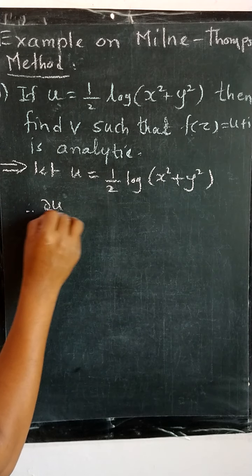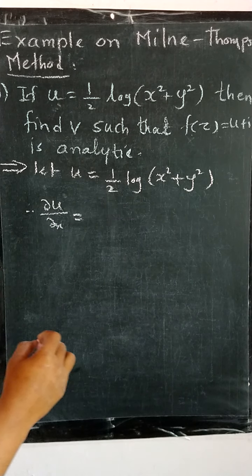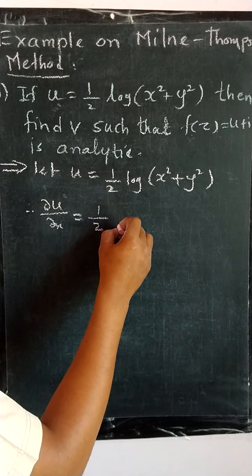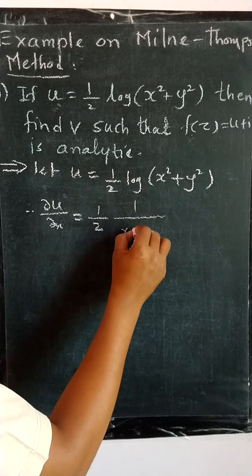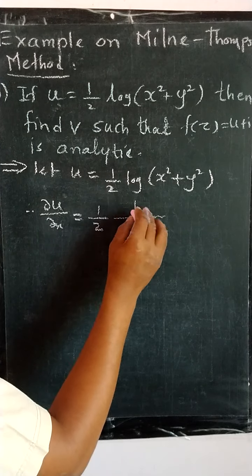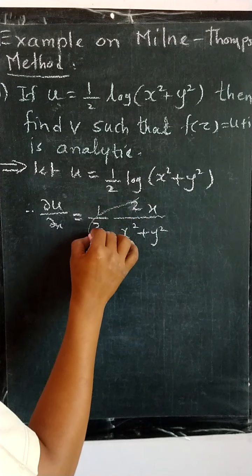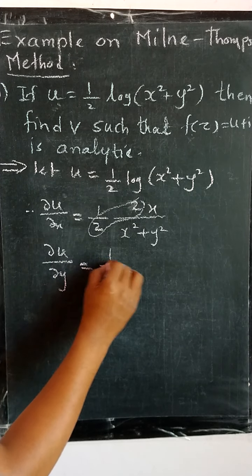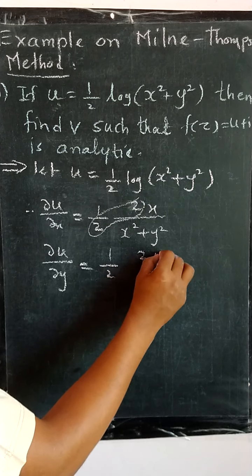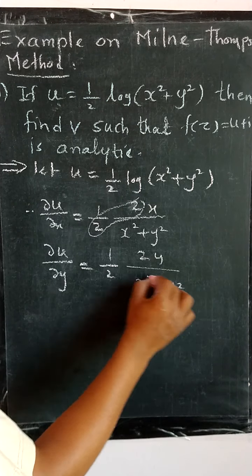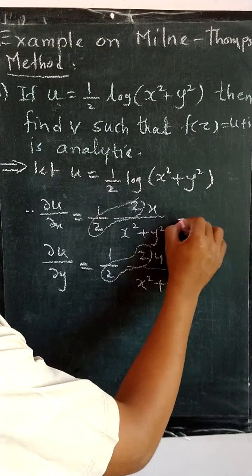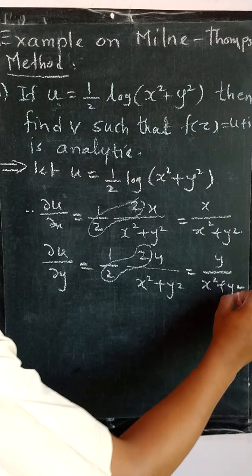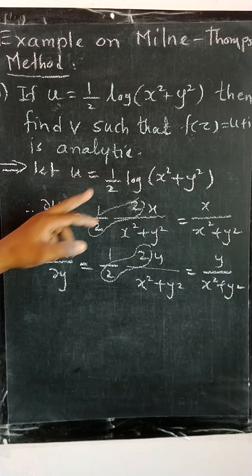Therefore partial derivative of u with respect to x will be half into derivative of this with respect to x, and derivative of u with respect to y, these will get cancelled, so that is x upon x square plus y square and y upon x square plus y square are the two derivatives of u with respect to x and y.